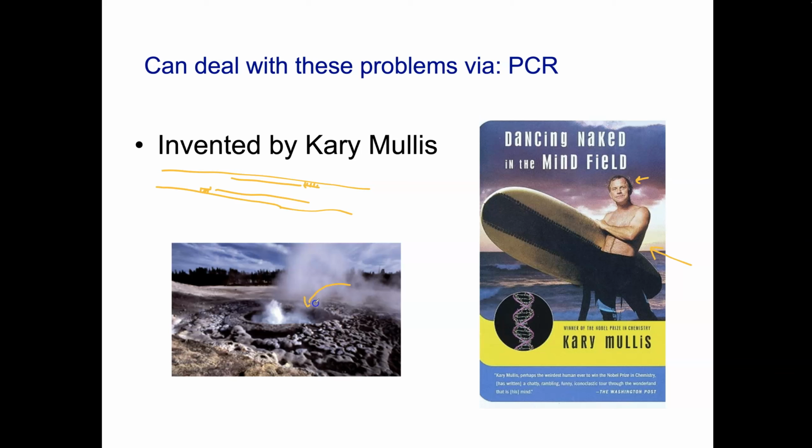thermostable DNA polymerases. There are organisms that live in hot pools and hydrothermal vents at the bottom of the ocean, where incredibly hot water is coming up, and these organisms are living at like 90 degrees. And that means that the normal temperature of most enzymes is hovering around 37 degrees.